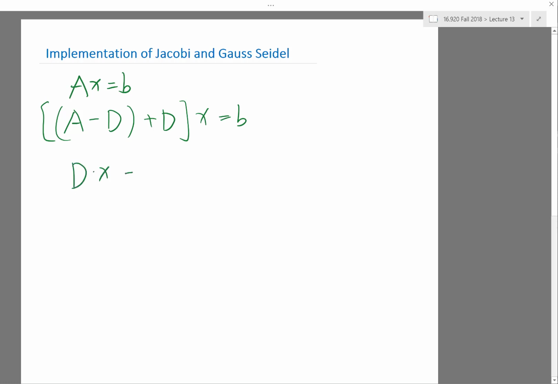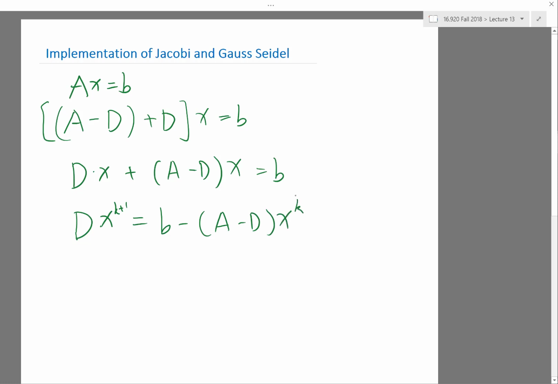One term is D times X. The other term is the off-diagonal (A minus D) times X equal to B. And the Jacobi iteration is nothing but just keeping D times X on the left-hand side and moving everything else to the right-hand side, where K is the iteration number, or some people call it a pseudo time step. An iterative method is essentially something that time steps an unsteady equation towards a steady state.